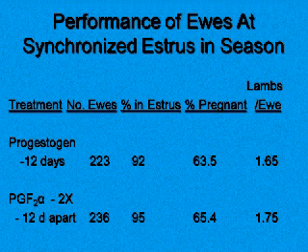With prostaglandin F2 alpha, because it's only effective during days 5 through 14, the first time we use it, we won't affect all of the animals. So a scheme that is used is to give 2 injections 12 days apart.